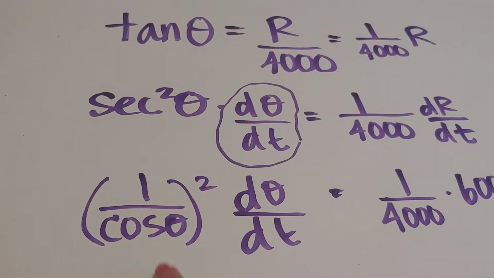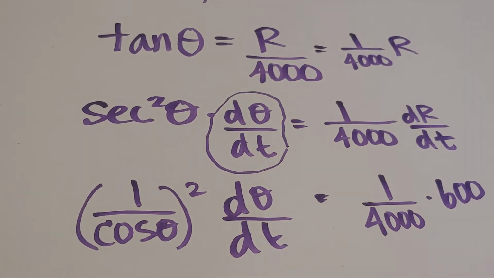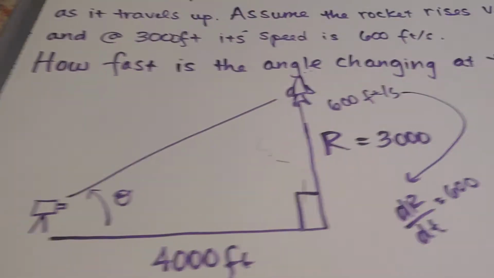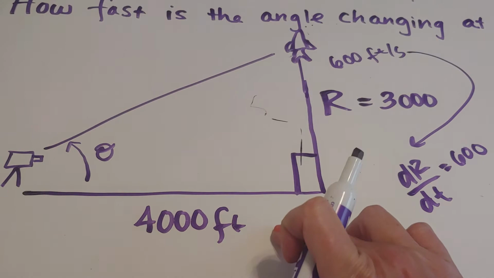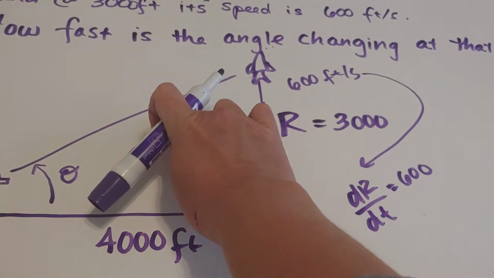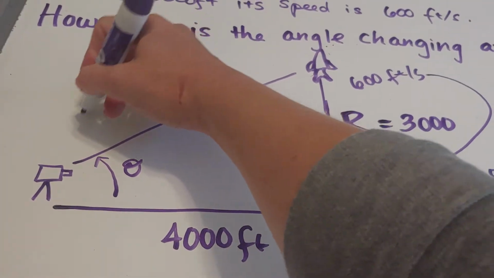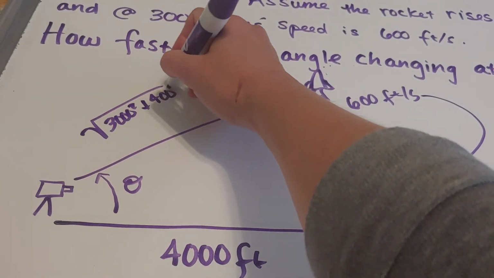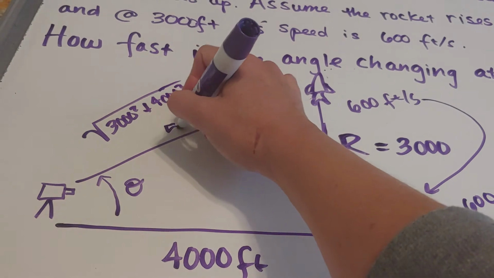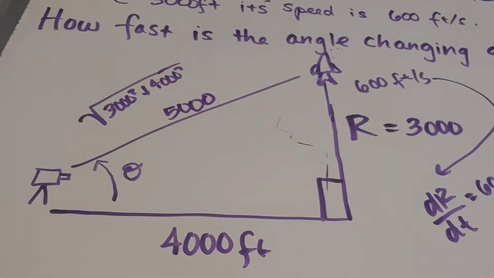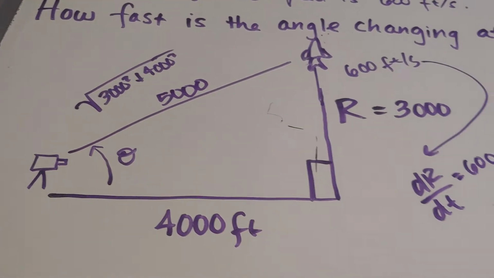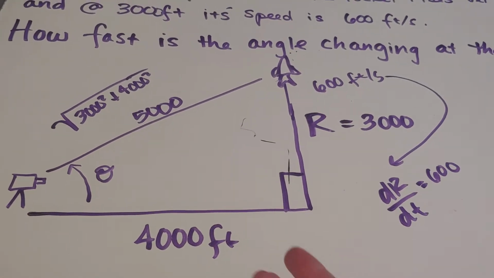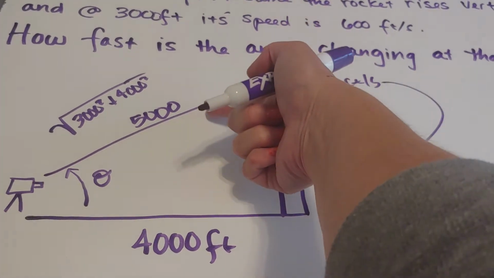So can I go up to this triangle and maybe just use SOH CAH TOA? If I know that this is 3,000 and this is 4,000, then I can use the right triangle, the square root of 3,000 squared plus 4,000 squared, and you're going to get 5,000 for the hypotenuse. So at this moment in time, the cosine is adjacent over hypotenuse.